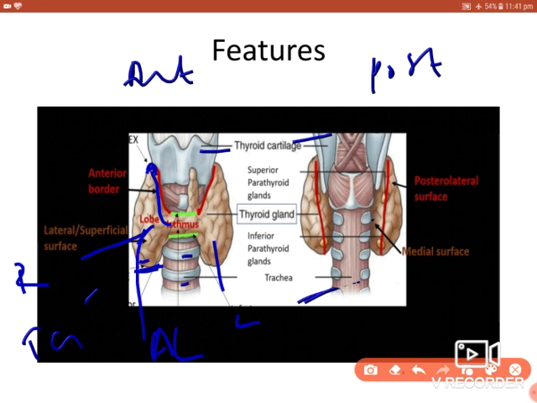In the posterior aspect, this is the ill-defined posterior border, which relates to the superior and inferior parathyroid glands. This surface here is the posterolateral surface. The surface which faces medially towards the trachea is the medial surface.